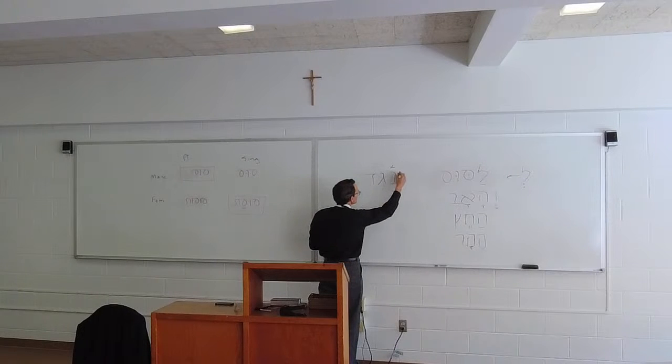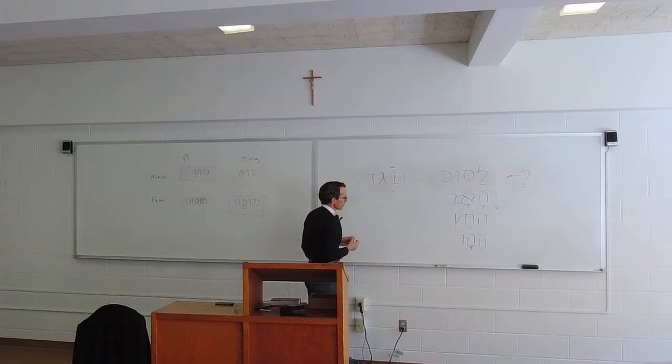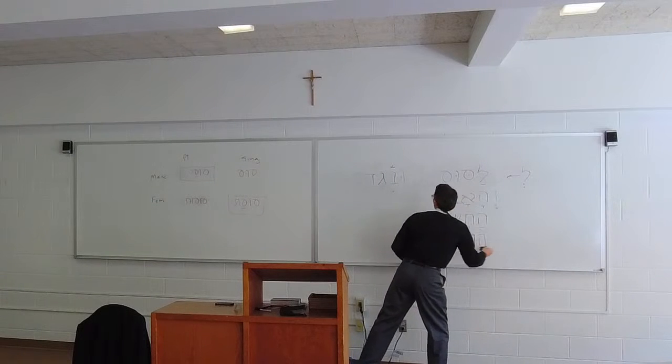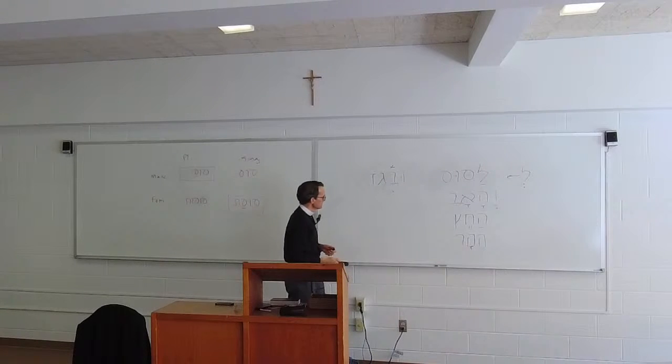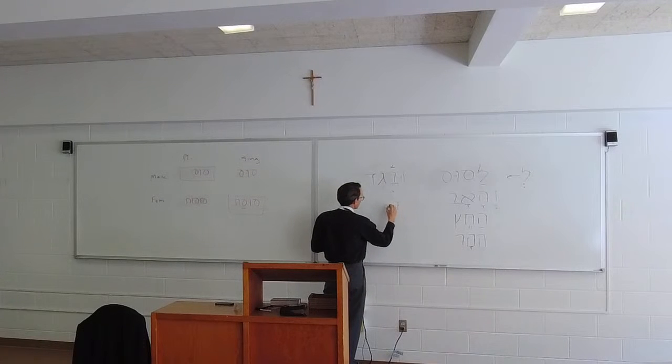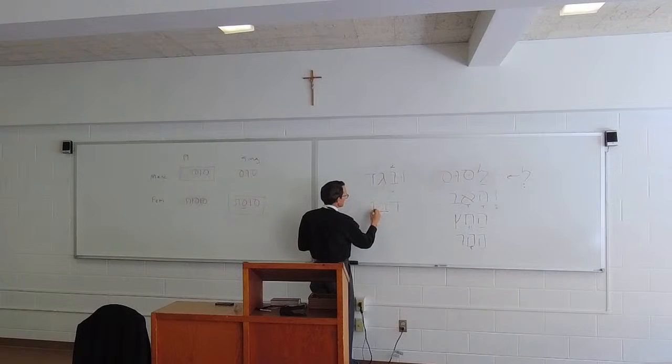So I have to say oo. Oo beged. Well, actually, I should say oo veged now, because this weak dagesh is preceded by a vowel, so I'm going to get rid of that. Oo veged. Okay? But if it's, let's say, devarim, words.